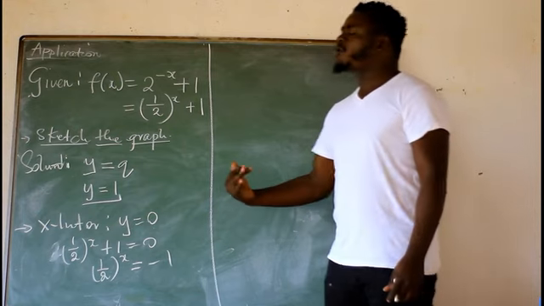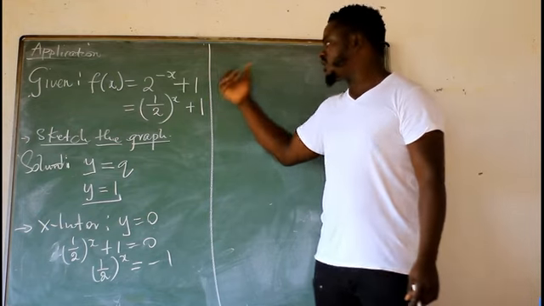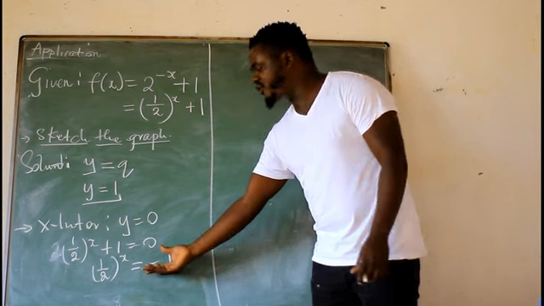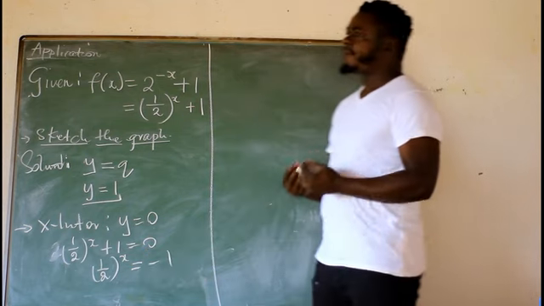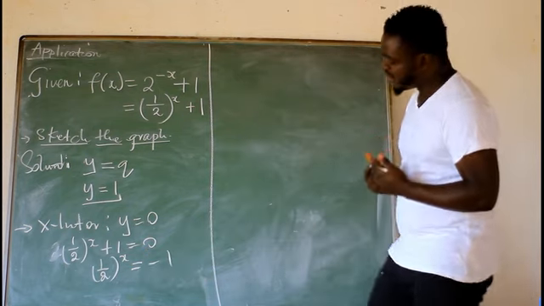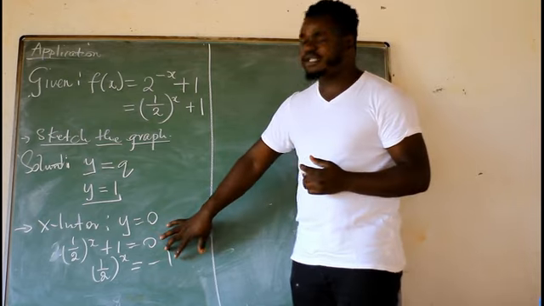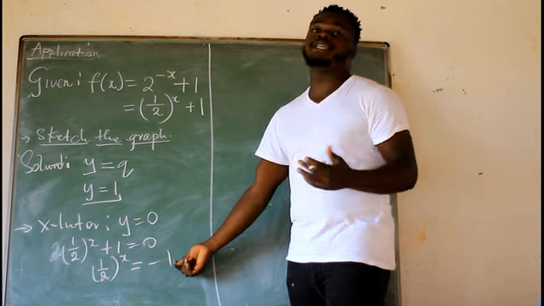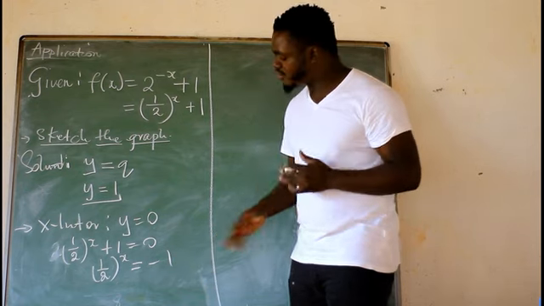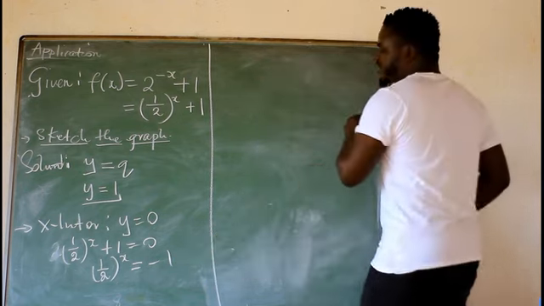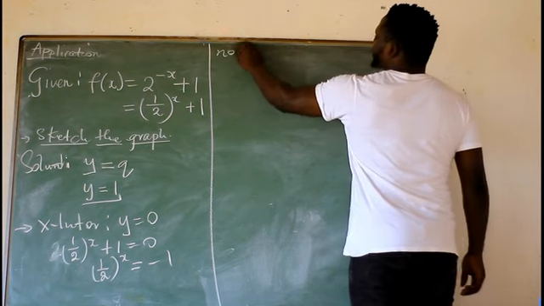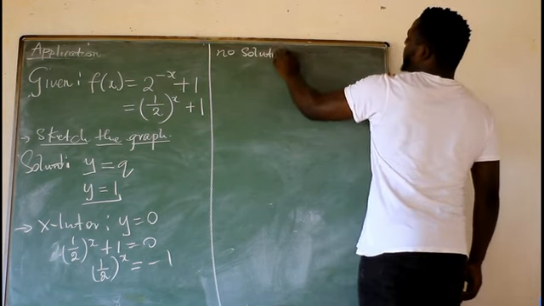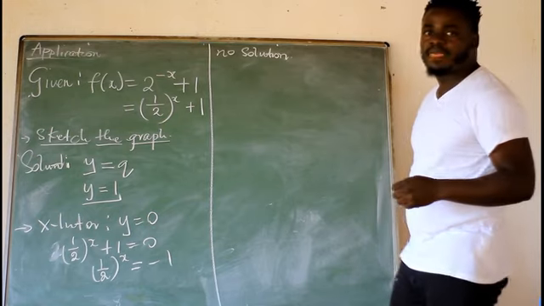When dealing with the exponential graph, you need to remember the exponent laws, but there is no law of exponent that applies when there's negative 1. If only it was 1. Just because it's negative 1, you write no solution. For the x-intercept, there's no solution.